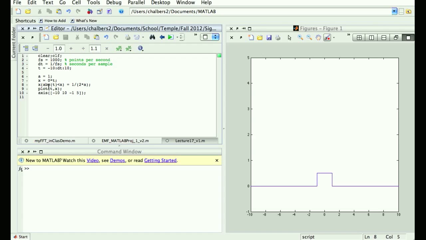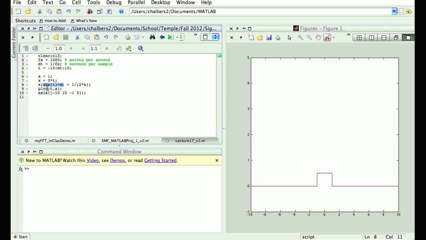And then what I'm saying is, I want you to go to x. I know I just defined x as all zeros, but I want you to find not all values of x, just some values of x. I want you to find those values of x for whom the absolute value of t is less than a. So that would be points like 0, 0.5, 0.75, but also minus 0.5, minus 0.75.